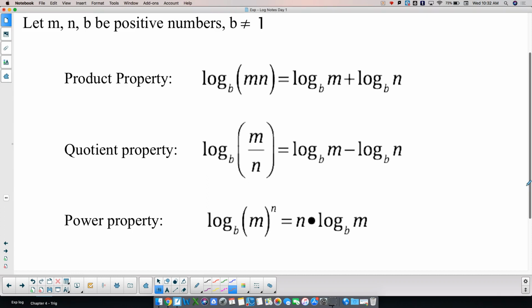Because if we're solving equations with logs, we can only have one log in our equation. If we're solving and we have two different logs with two different bases, that's pretty tough. Not the funnest to do. Okay? But if we have one log with one base, we can switch that to exponential form.